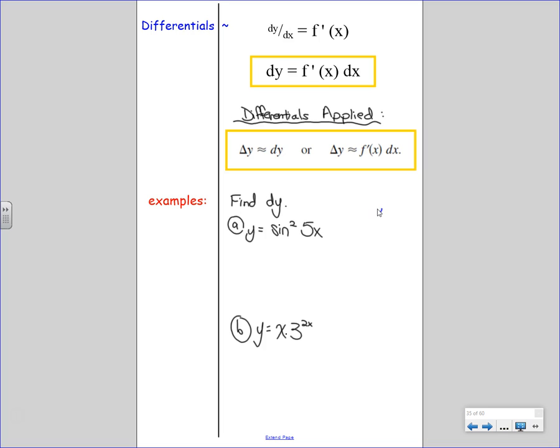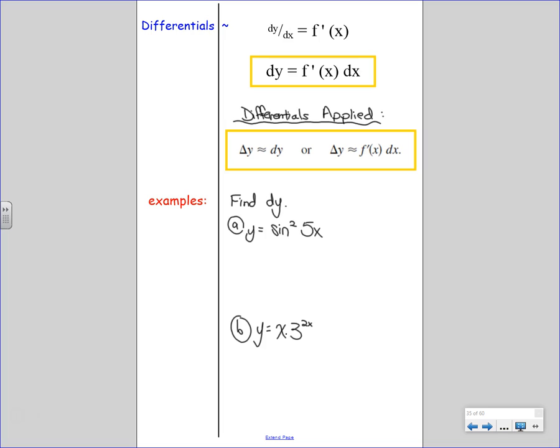Alright, guys, we're recording. You should actually be doing everything. So, we know how differentials work. Question: how can they be applied? What's delta in math? Change in y.